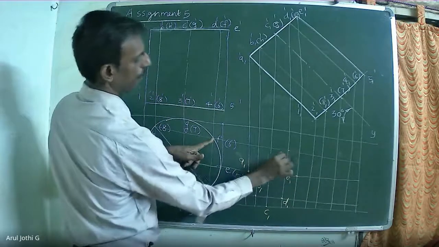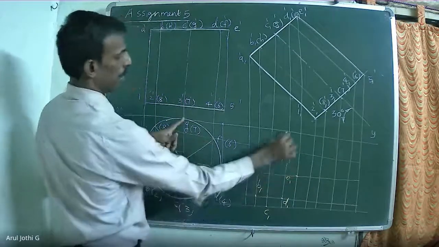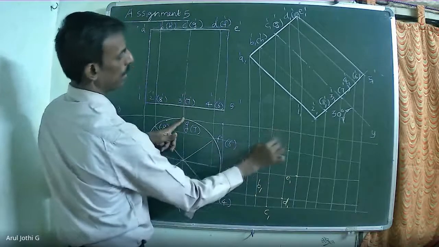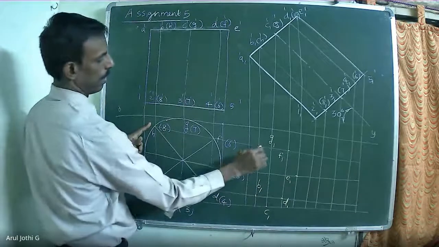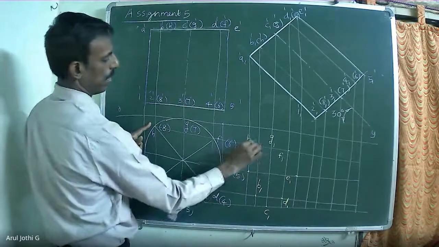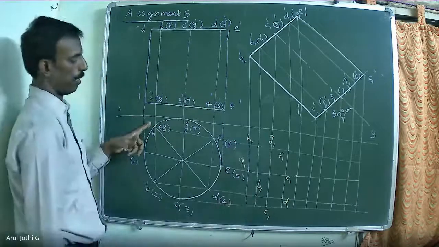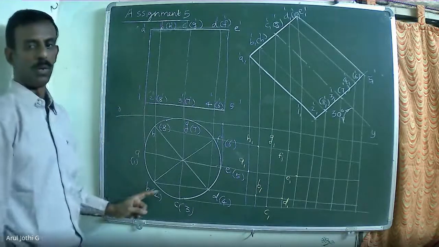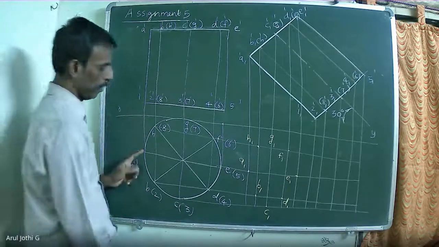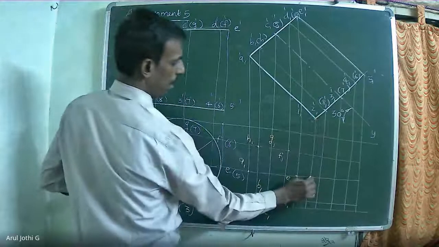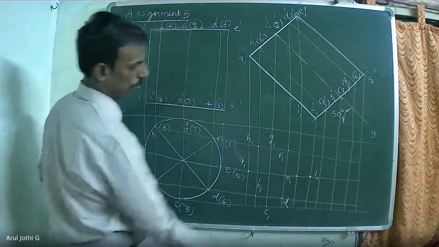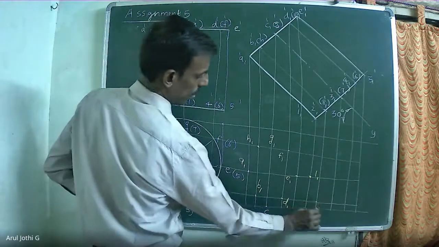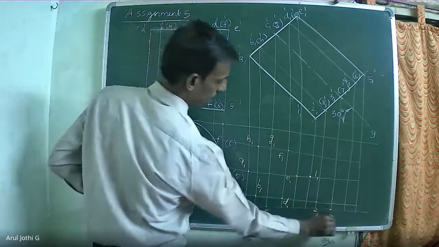F and F1 dash. G and G1 dash. H and H1 dash. The same way mark the points for 1, 2, 3, 4. 1. This will be 1, 1. 2. 3.